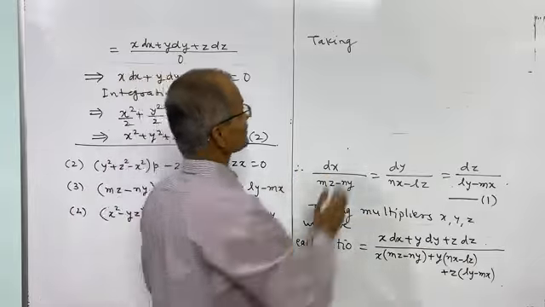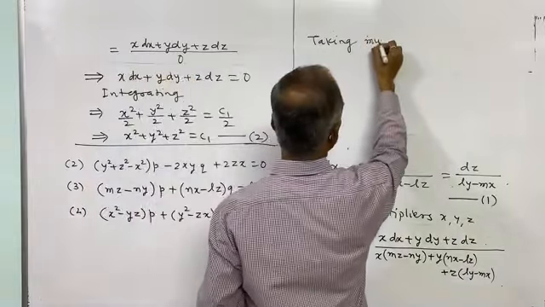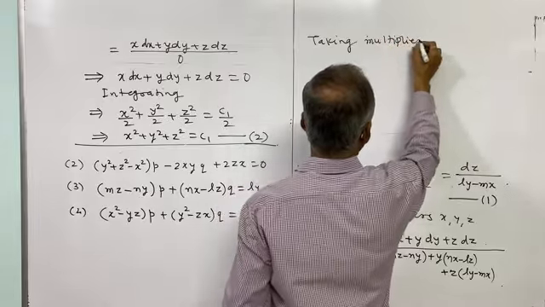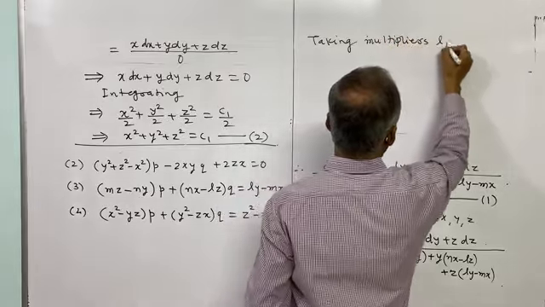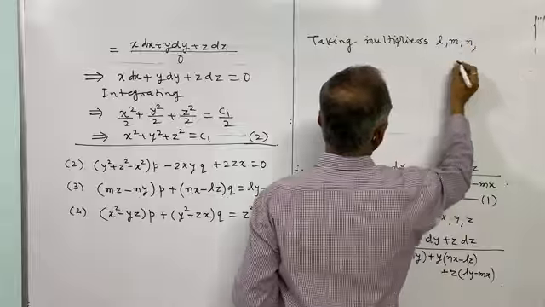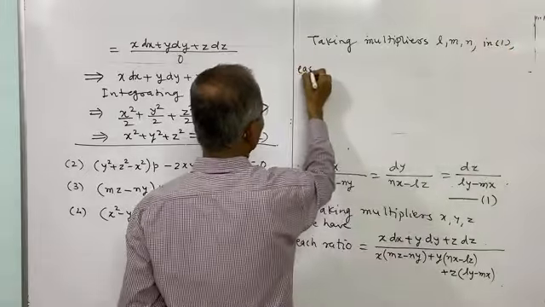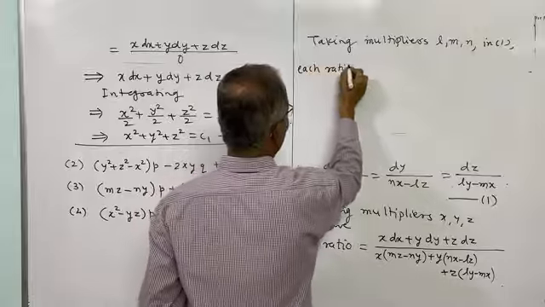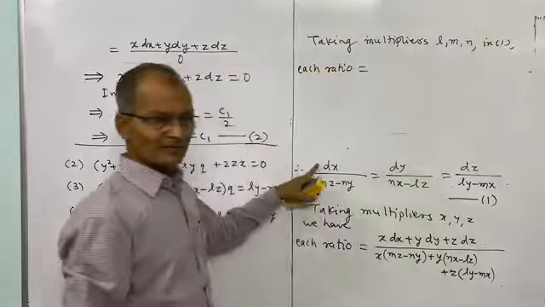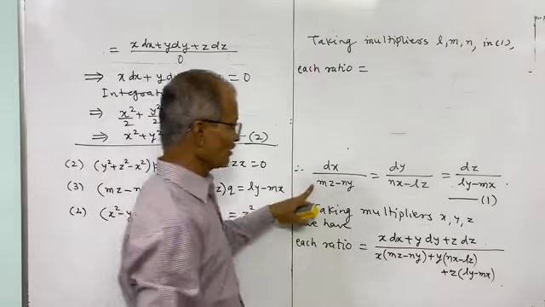Now the multipliers can be taken as L, M, N. Each ratio is equal to, and if you take the multiplier, we have to multiply both numerator and denominator by them.